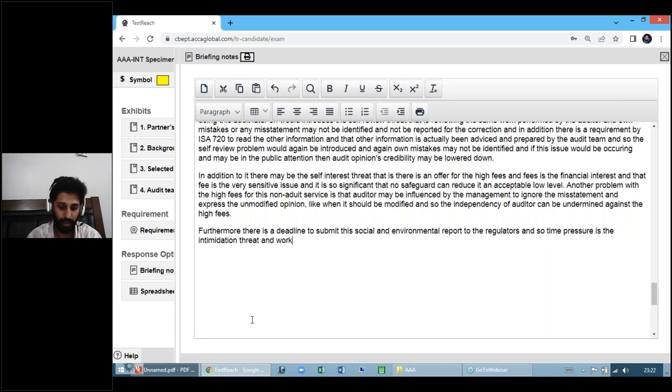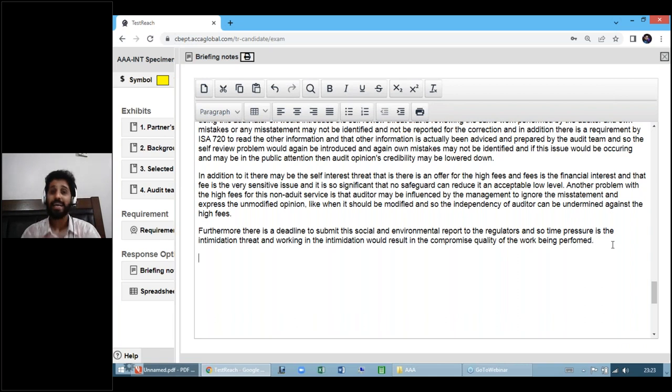Working under the intimidation threat would result in compromise of the work being performed, right? The quality of the work can be compromised.